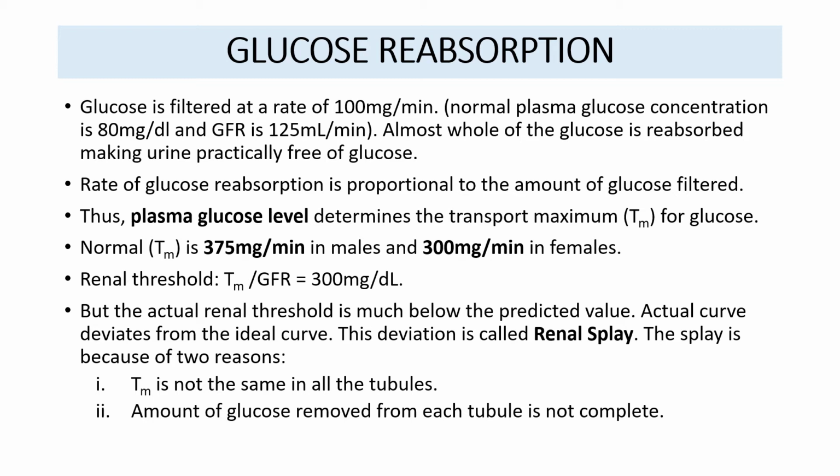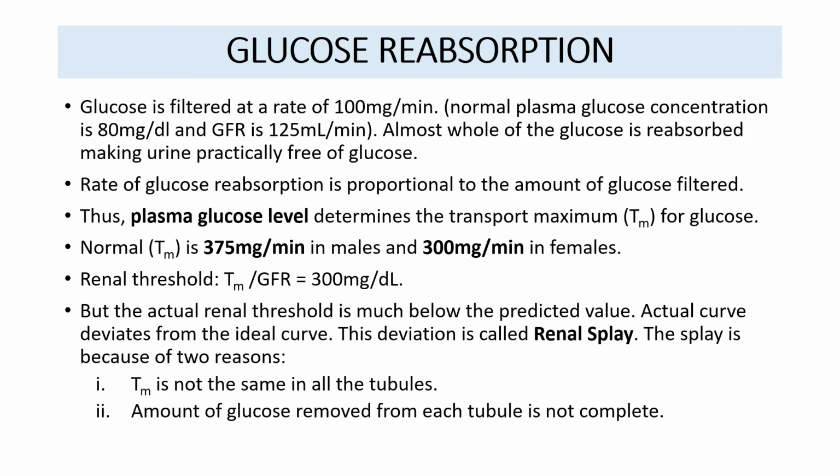So the filtered load is calculated by multiplying the normal plasma concentration by the GFR, and this comes to about 100 milligram per minute. Please do consider the unit while multiplying these two. Almost whole of the glucose is reabsorbed, making urine practically free of glucose.